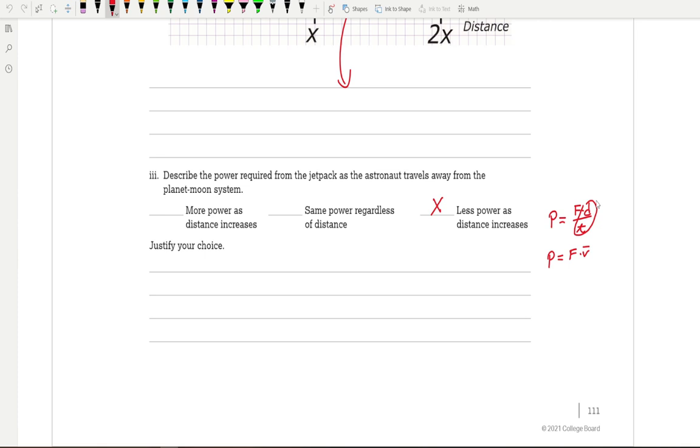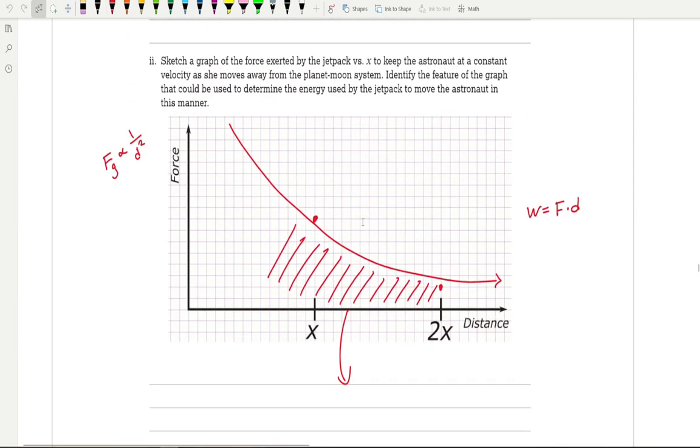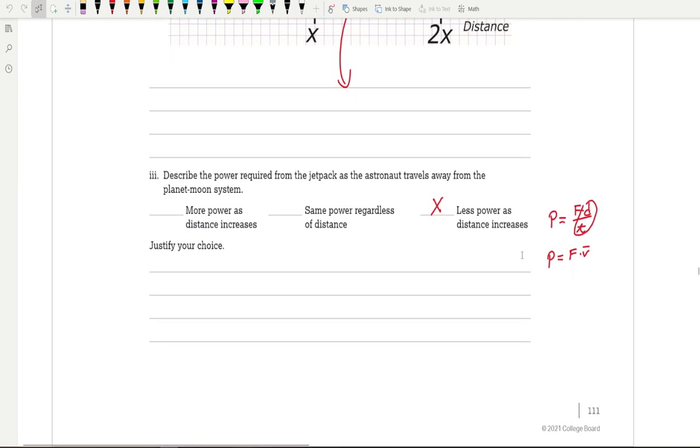So I'm going to put a bar over that v to indicate that it's the average velocity. Looking back up at the top, we can see how the force decreases. So if the force decreases, then the amount of power would also decrease.